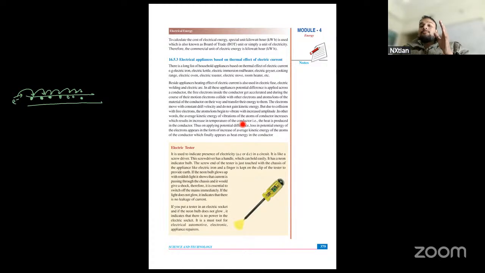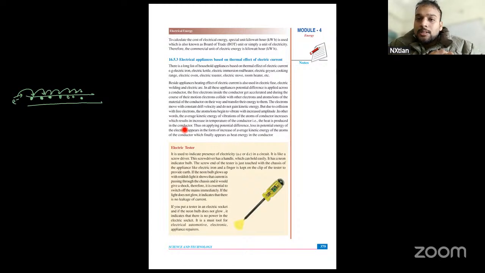So because of the collision, they just vibrate in their places, and because of the resistance they are not gaining kinetic energy. They are just vibrating in their places, and because of that, the average kinetic energy of vibration in the conductor increases, which results in the increase in the temperature of the conductor. Thus, heat is produced in the conductor.